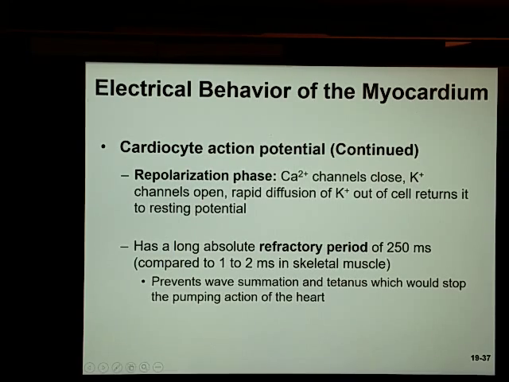It will occur, and it lasts much longer than what we see in skeletal muscle. The reason for that is we can't in any way have the heart go into tetanus. If you remember anything about tetanus, the last thing we need in the heart muscle is for that muscle to go into tetany and stop working.